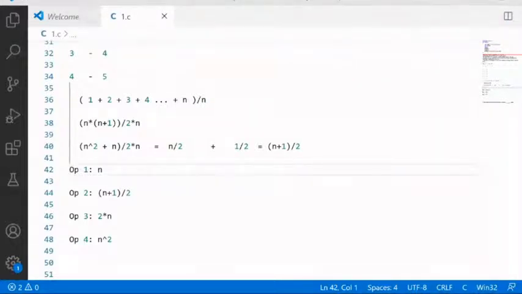Is everybody okay with the logic? Hope it's clear. I'm not confusing you.